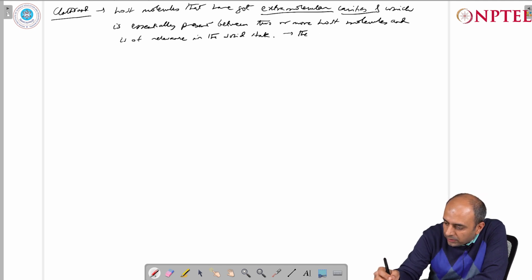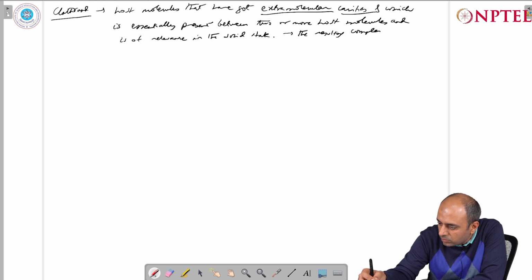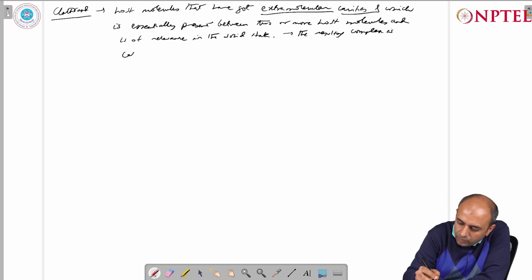The resulting complex is called a clathrate.